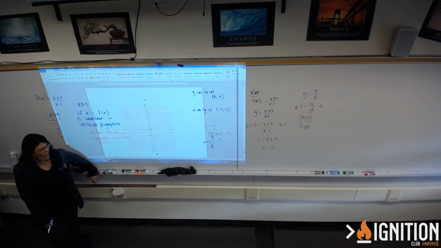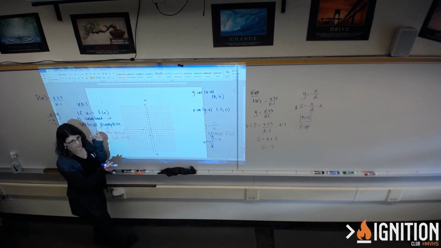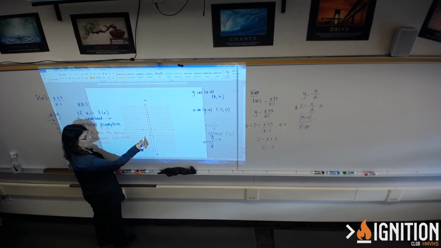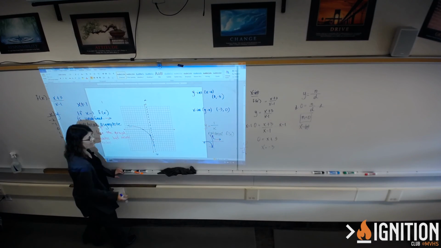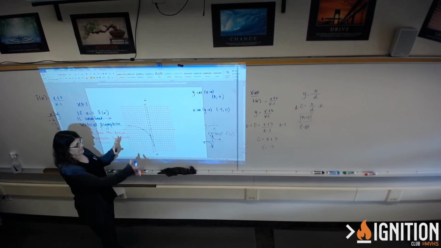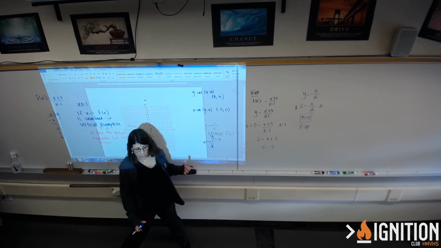So, how am I going to get this branch on my paper? Well, it's only partially correct because we haven't learned about all the end behavior, etc. However, remember, this is a very loose interpretation of the parent.